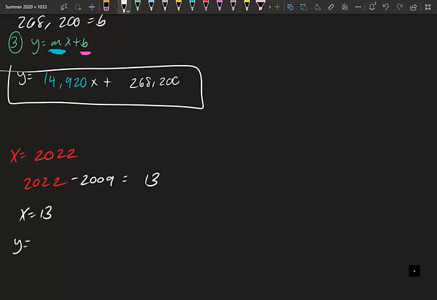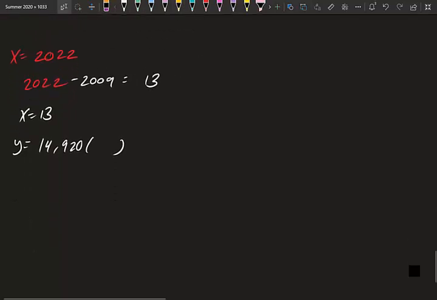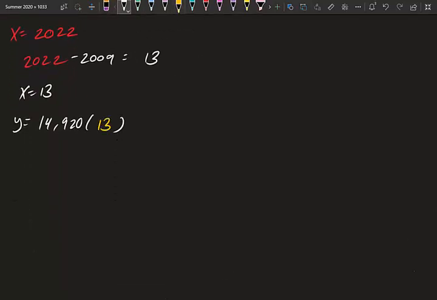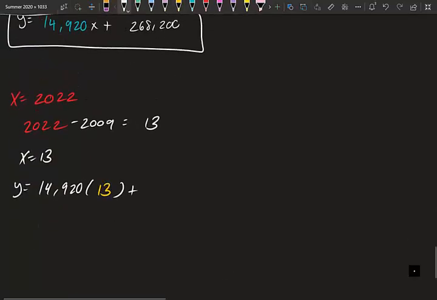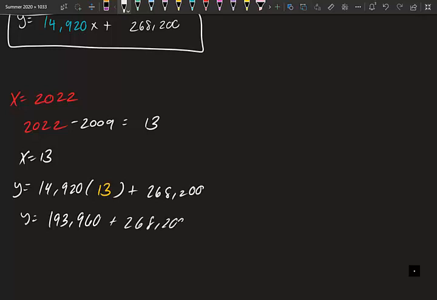So we have y equals 14,920 times 13, plus 268,200. 14,920 times 13, we get 193,960, plus 268,200.